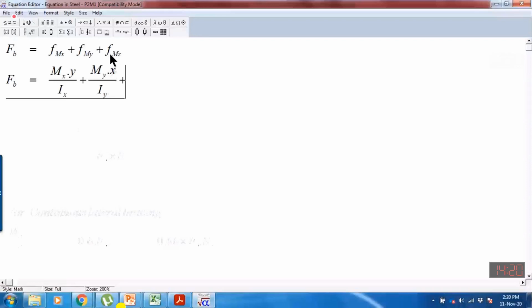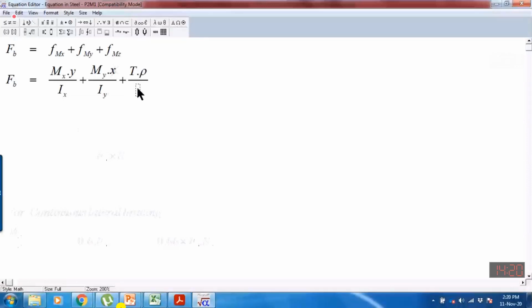So due to torsion, the stresses computed are shear stresses, computed as tau equals T times rho over J, where rho is the radius and J is the polar moment of inertia.